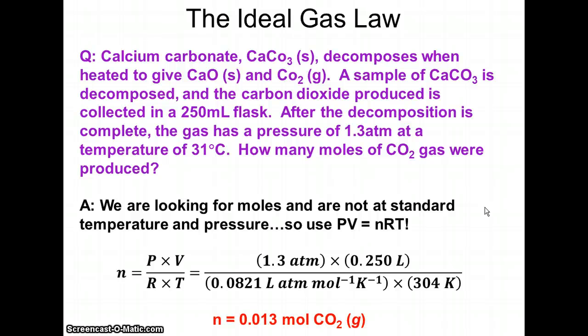Once we solve for n, we see that it's 0.013 moles of CO2. So we're at a little bit higher pressure, but a very low volume, and a slightly higher than standard condition temperature. And so we're occupying a rather small amount of moles.